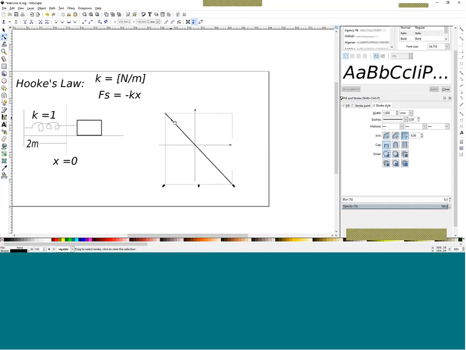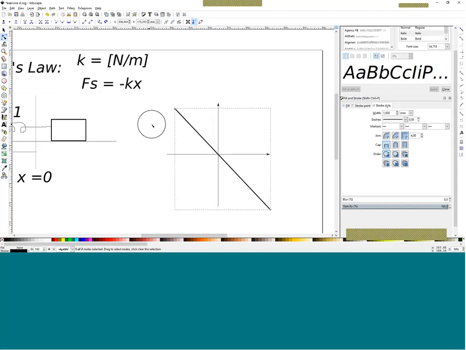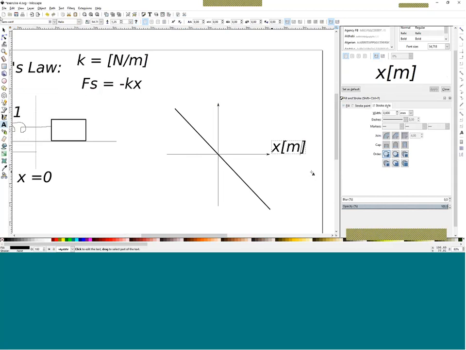So we should have a diagram that looks sort of like this. And on the right side here, we have x in meters. This is of course assuming that the spring behaves very linearly, which it does in most cases.